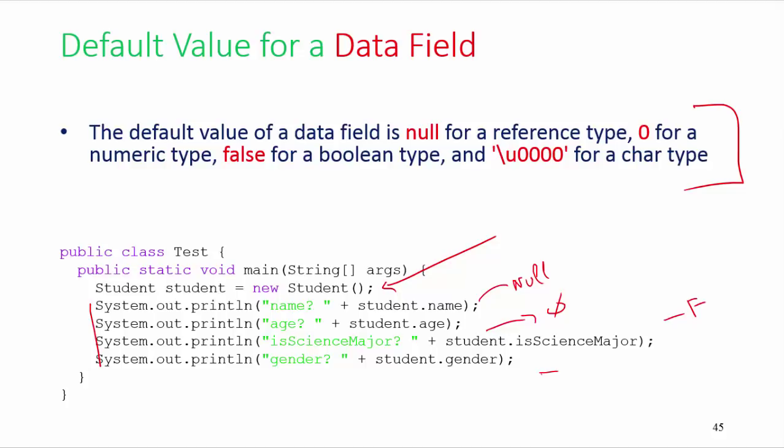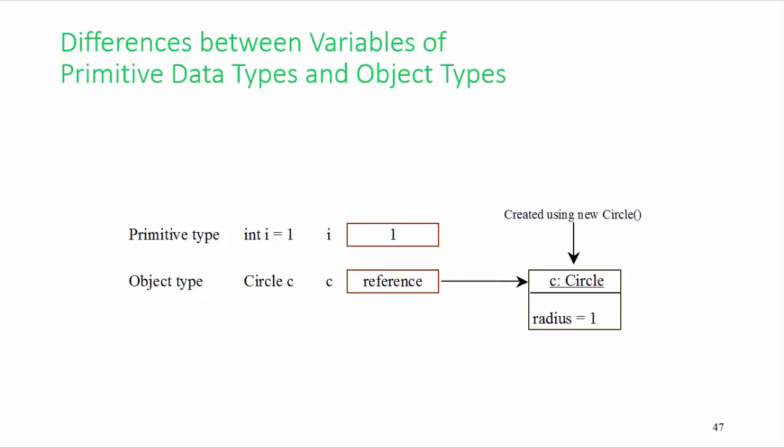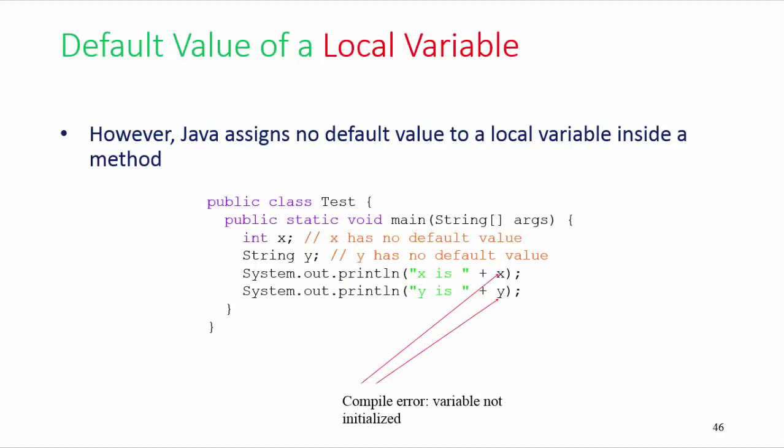That's for data fields. But the one I wanted to insist on is what happens with local variables. There is a totally different rule, and that's what you need to remember. Java is okay with assigning default values on your behalf to class fields.